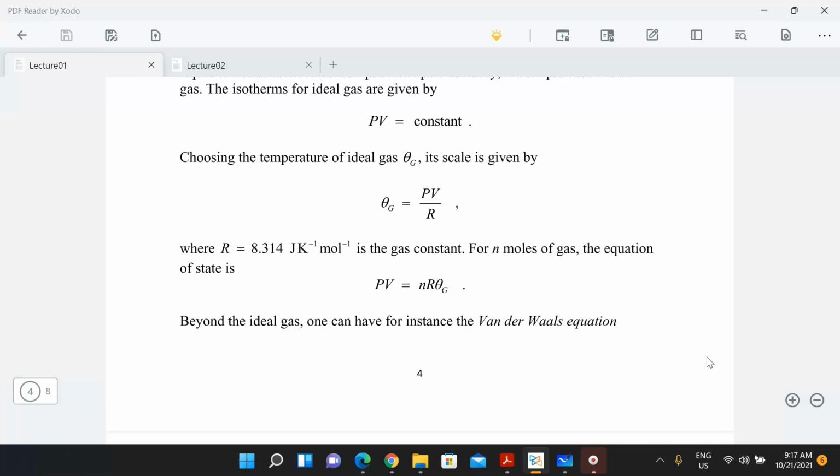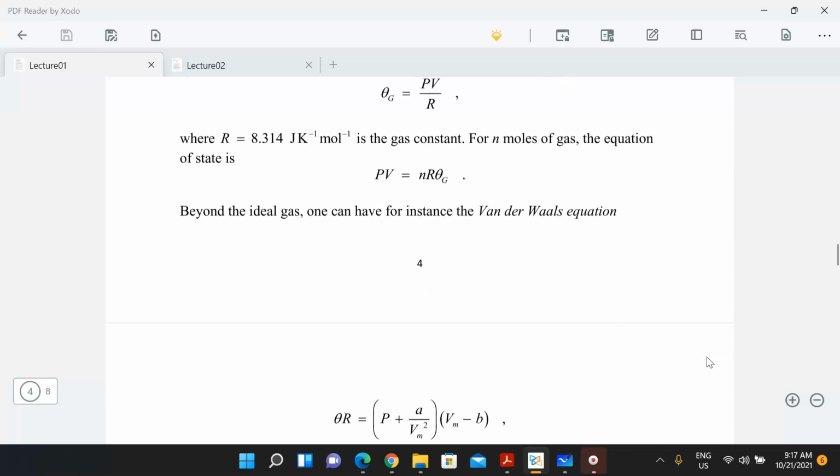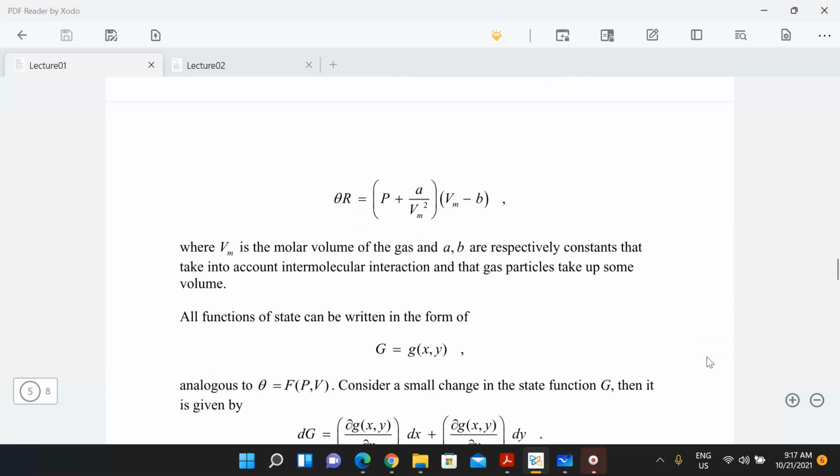For example, there is an equation that you probably have learned somewhere, the van der Waals equation, that takes into account these interactions, and also the fact that the gas particles actually take up some space.